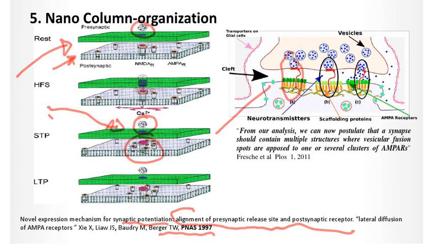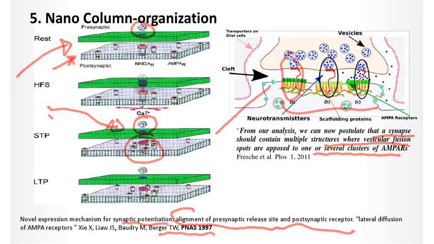We mentioned at that time that from analysis, we can postulate that the synapse should contain multiple structures where vesicular fusion spots are opposed to one of several clusters of AMPA receptors. This was in order to guarantee an efficient transmission and having basically several synapses in one.